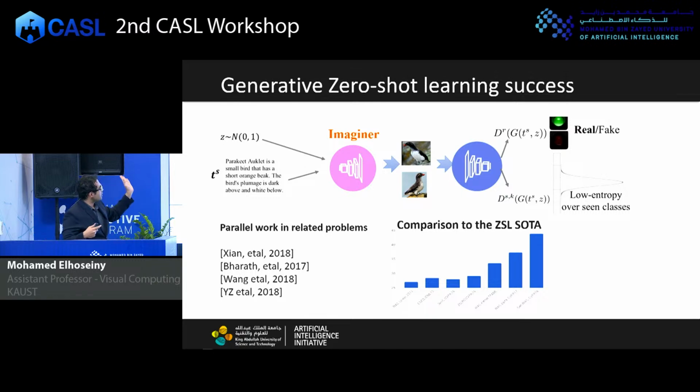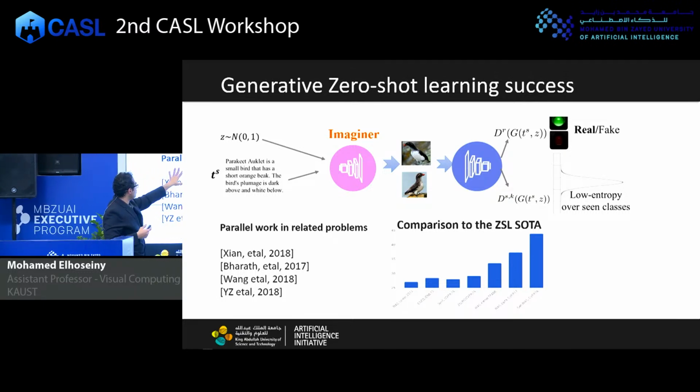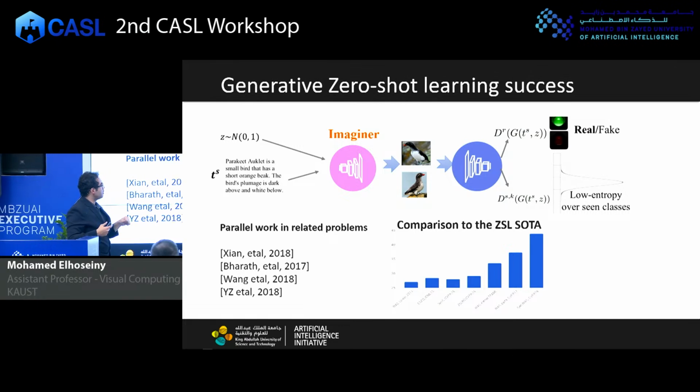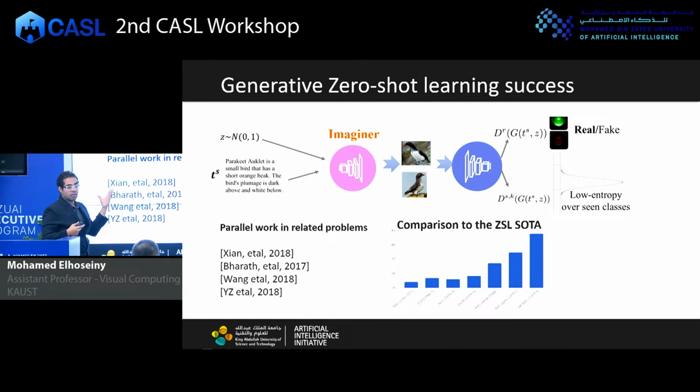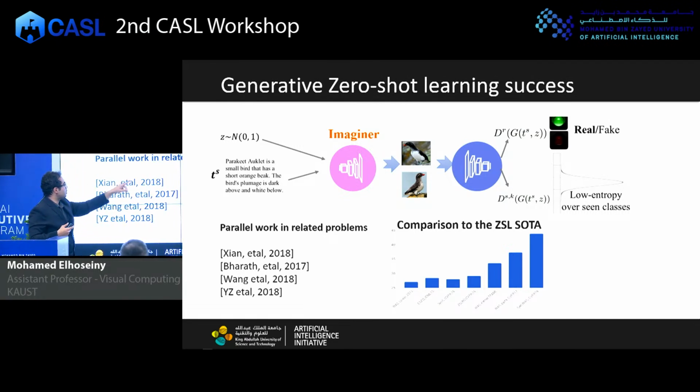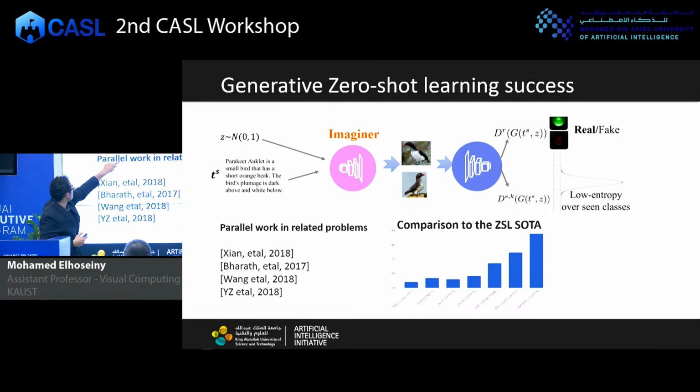So you train this GAN model with two components, the generator and the discriminator. The generator is trained to trick the discriminator into believing that the image is real. And the discriminator is trained to tell apart images that come from the training set versus images that are produced by the generator.